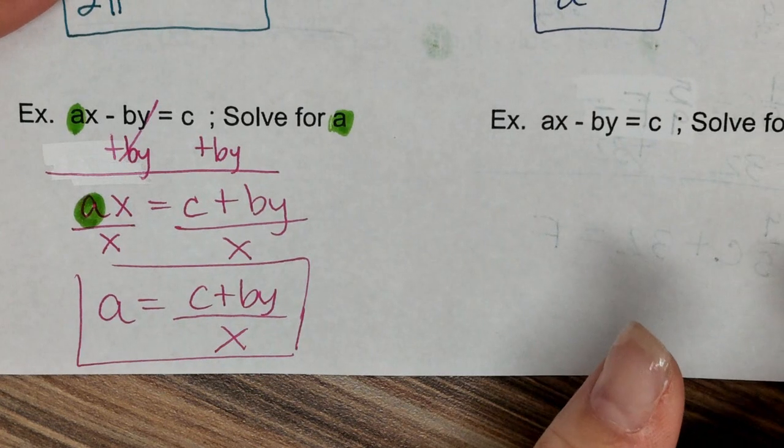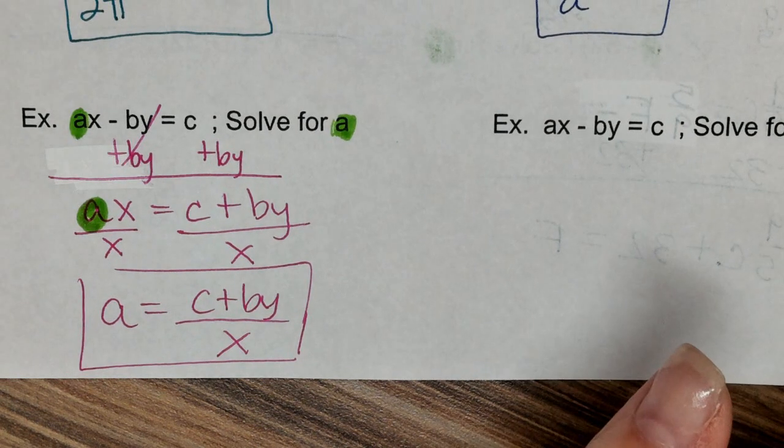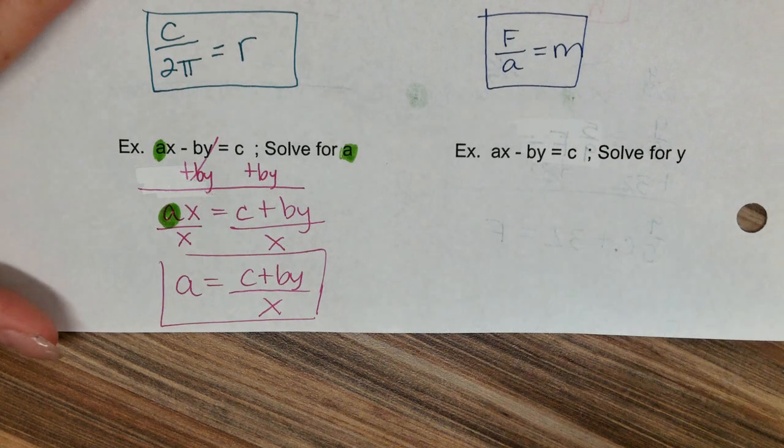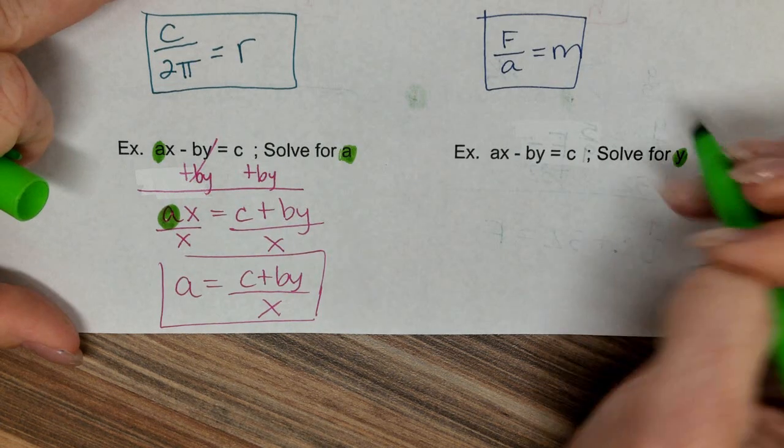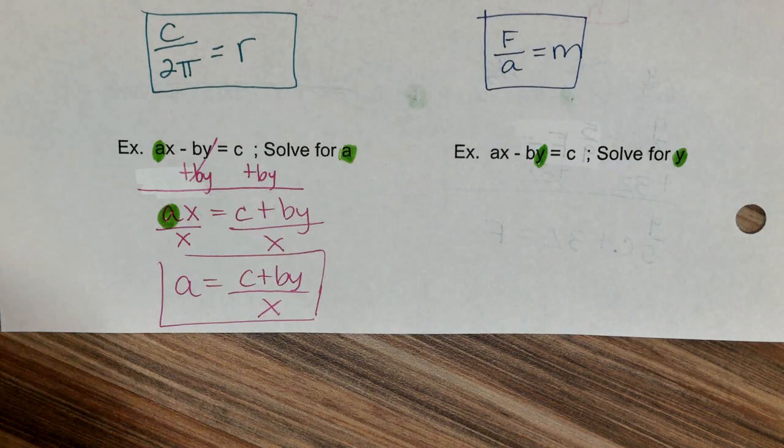How did we do? Yes or no? Catching on? Check your work with mine. And we're going to do the last one. What are we going to solve for? Y. Okay, do the first step without me. You've got to get rid of the ax first.